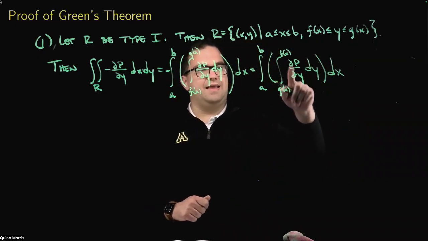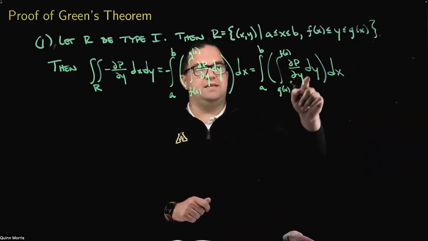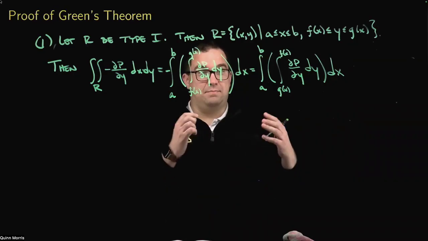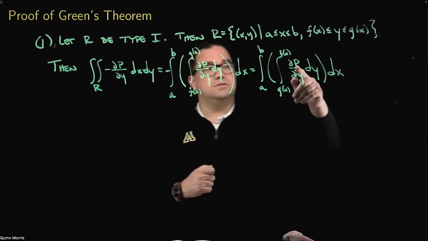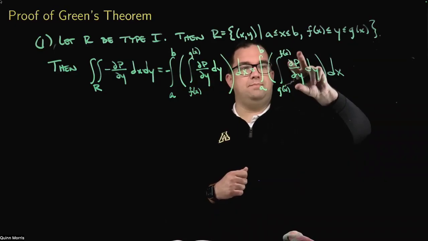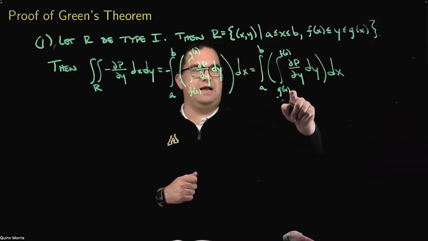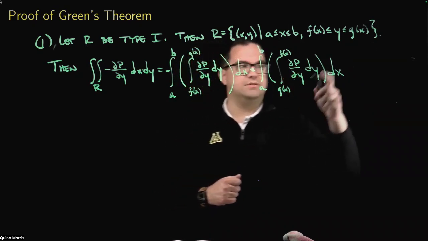Now, if I look at this, I first want to compute this inside integral. What do I need? I need to take the antiderivative of dp dy. Well, that's just p, the function p of x, y. So this should be p of x, y evaluated at y equals f of x and at y equals g of x, and take a difference.